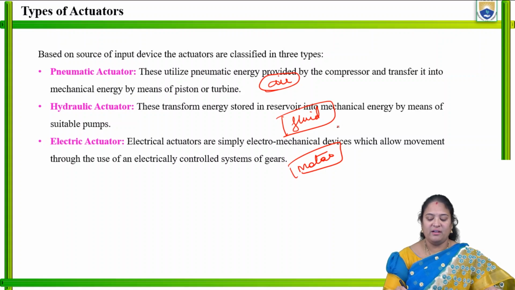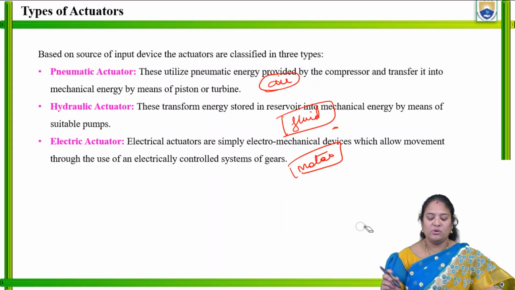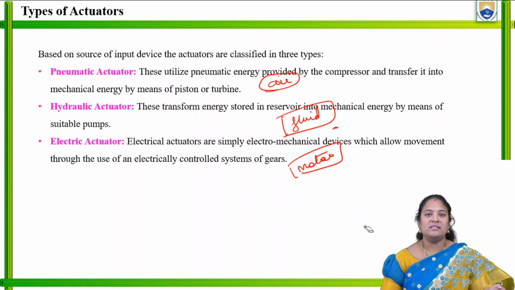In the same way, here for the hydraulic actuator, as I've told you, the source is the fluid. So in this type of actuator, we will be using fluid inside the cylinder, and as the fluid gets compressed, the piston movement will be done within the hydraulic cylinder, and there will be a movement in the robot's manipulator, right?